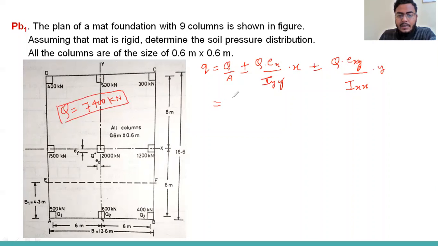So we can write 7400 divided by the area, that is 12.6 into 16.6.